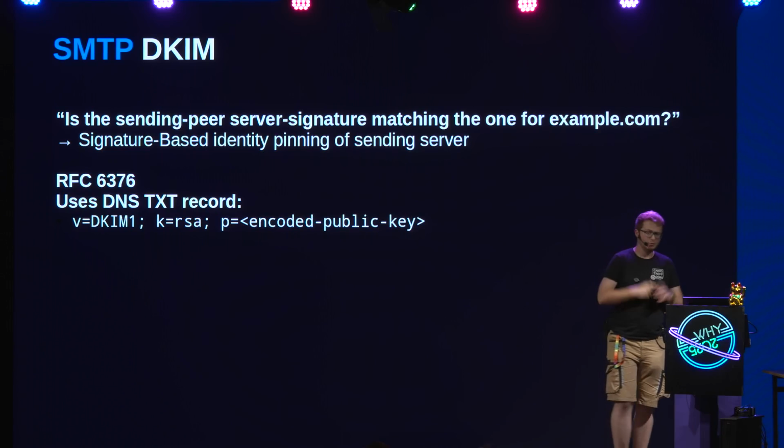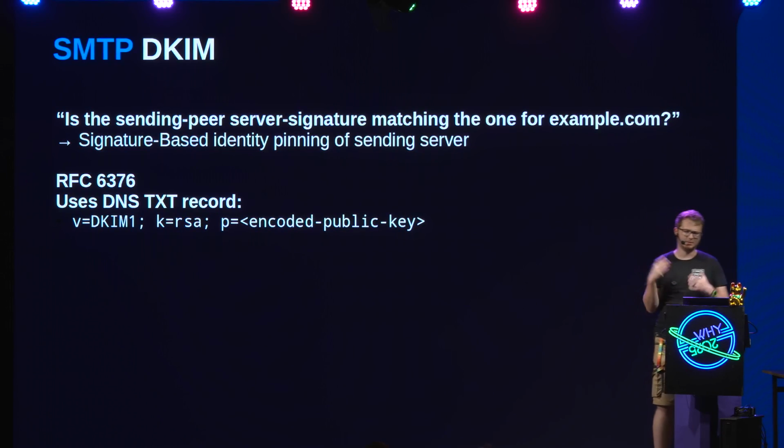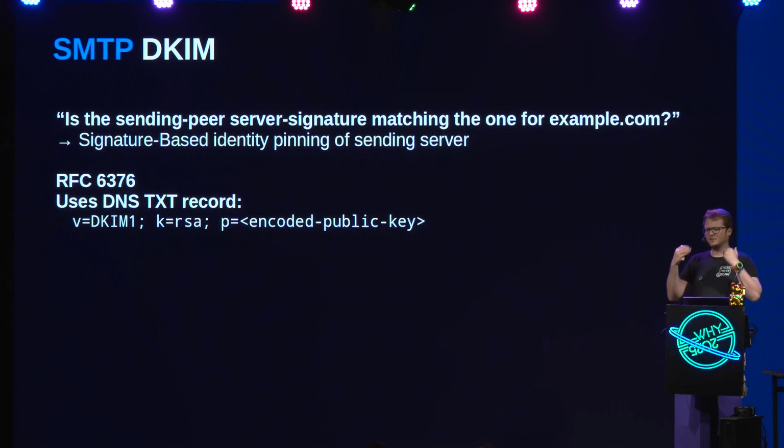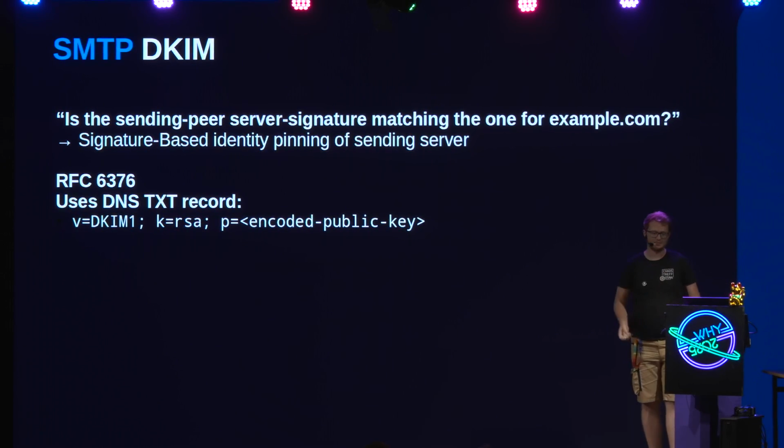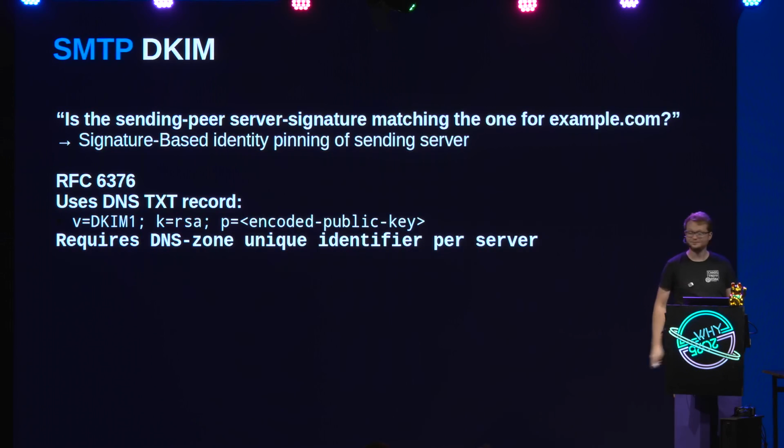You have to put in the whole key, so it cannot be a long key, so don't use longer RSA keys. This basically forces, if I receive an email from you, me to look up this record and actually test the signature of the headers. This signature isn't also spanning, for example, the attachments, it's just for the headers itself.